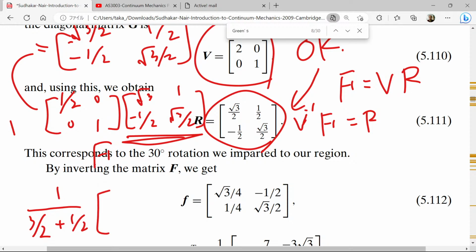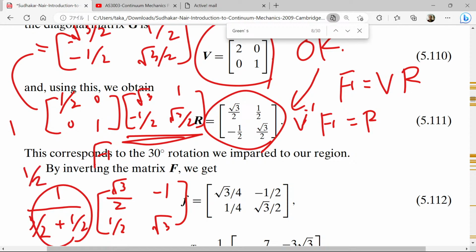Then you have inversion here. Square root, minus 1 half. So this part is 1 half. So you have 4, 2, 4, 2. Okay?